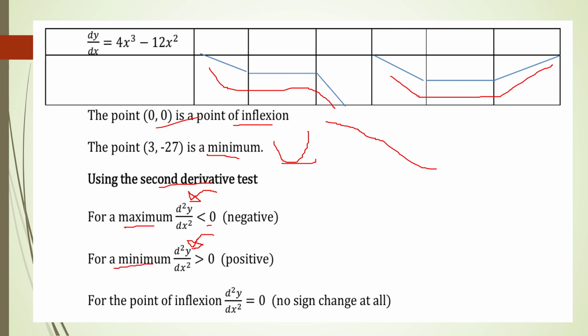And for a point of inflation, our second derivative after substituting for the value of x is always 0. In other words, you are neither going to get a negative nor a positive answer. That means we conclude that such a point is a point of inflation.